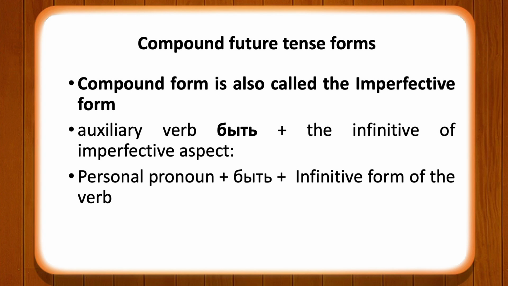The formula for the use of compound future tense is a personal pronoun or a noun which is the subject, followed by the conjugated verb быть, which means to be, followed by the infinitive form of the imperfective verb. So the verb describing the action is used in the infinitive form.